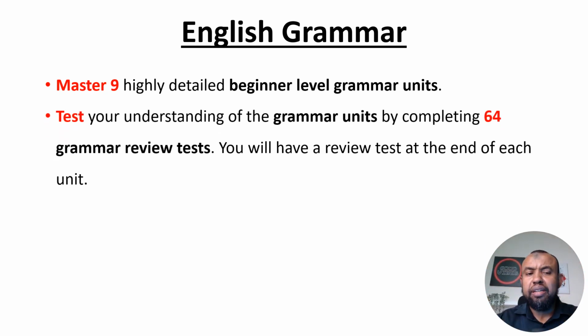Now the second part, you will test your understanding of the grammar units by completing 64 grammar review tests. You will have a review test at the end of each unit. So for example, if we complete the verb to be, in order for me to make sure that you understood what the verb to be was, at the end of the chapter you will have a small test or a small quiz.